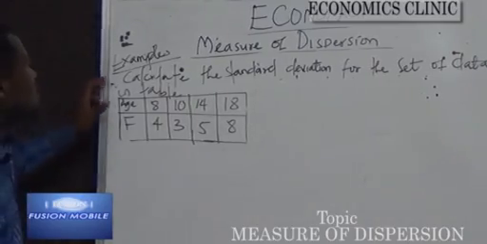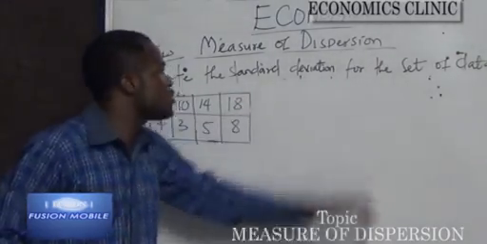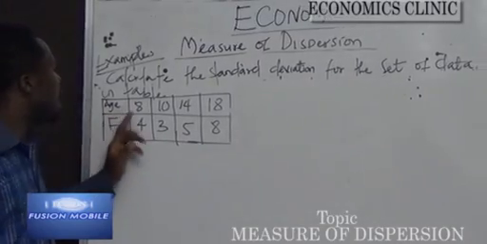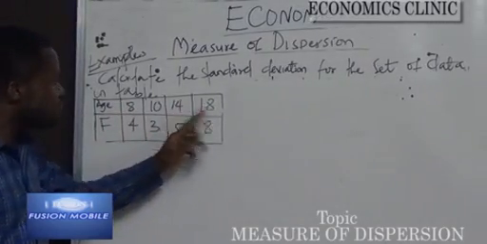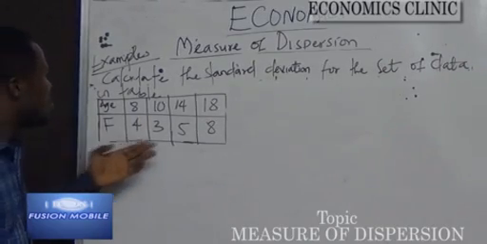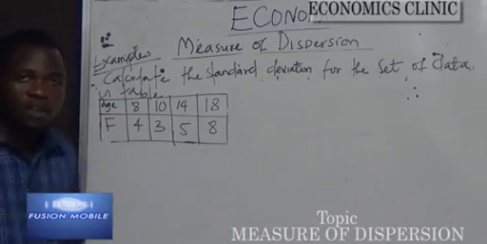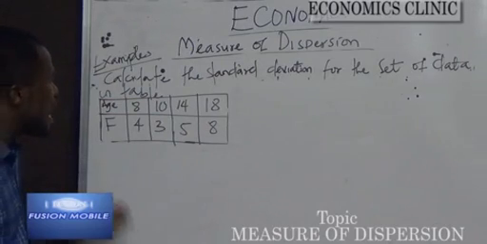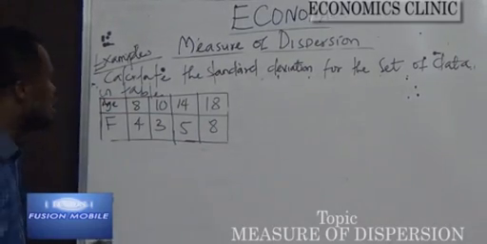The question says, calculate the standard deviation for the set of data in the table: ages 8, 10, 14, 18, and these are the number of people with these ages. So the next thing to do is to prepare a new table.